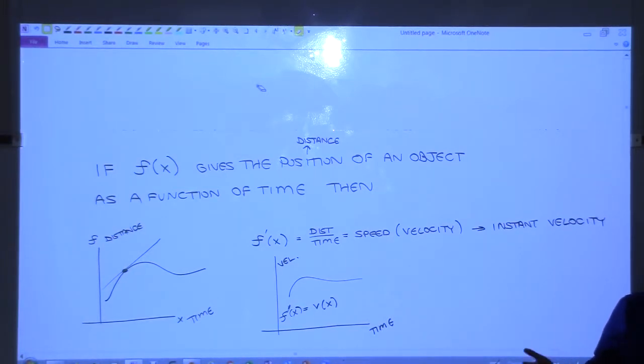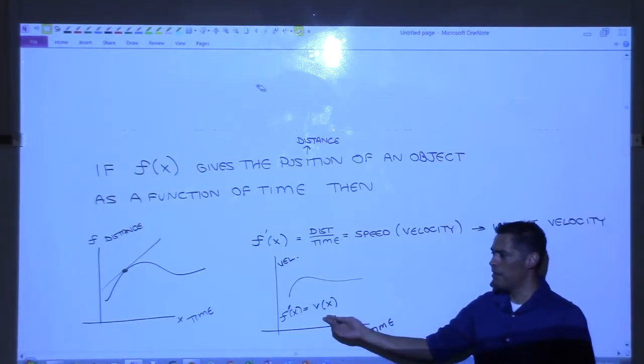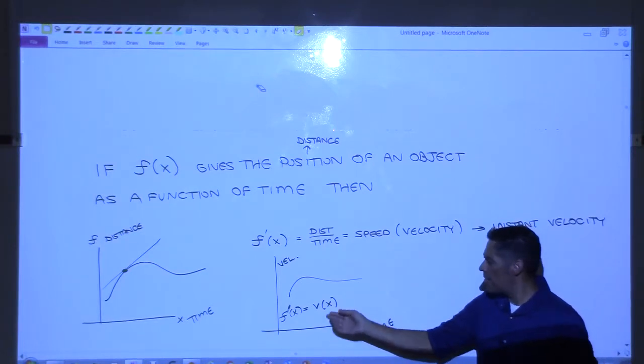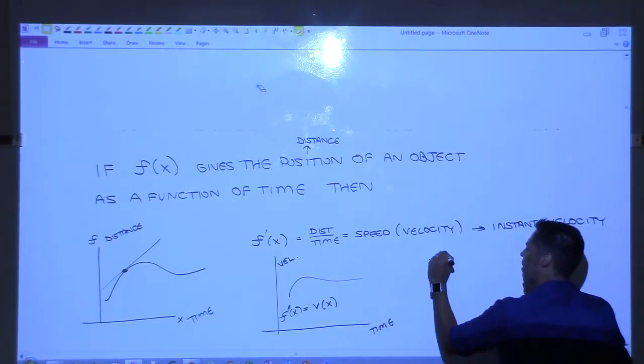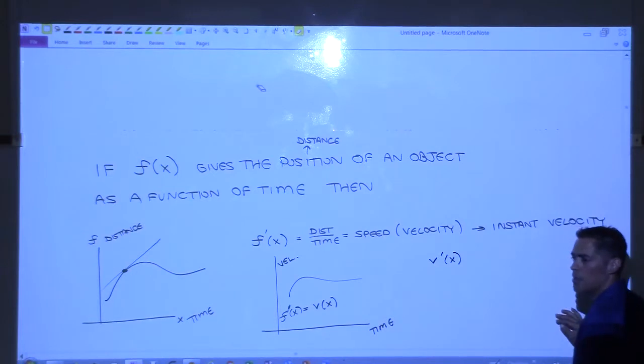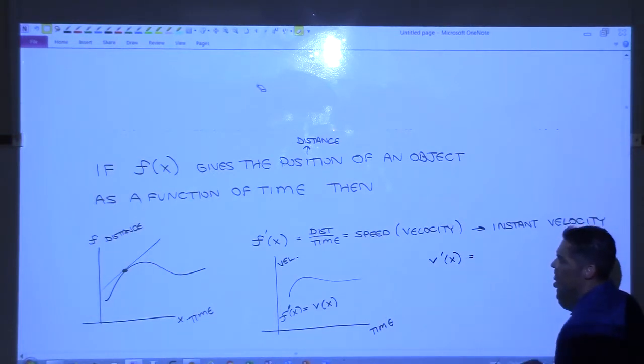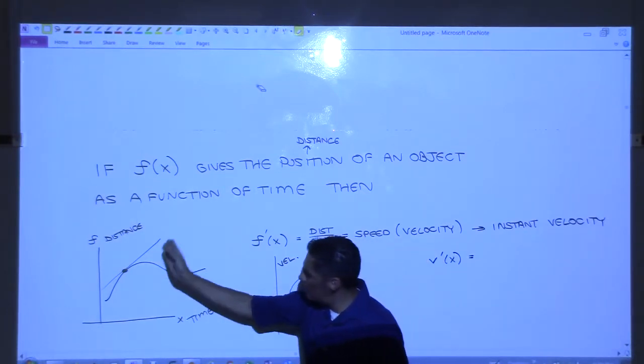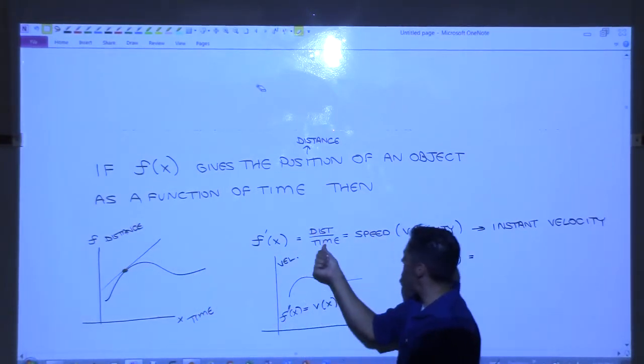Could we take the derivative again? We could, couldn't we? I mean, this is a function, right? So if someone hands you a function, we should be able to take its derivative. If I take the derivative of the velocity function, that is going to give me a ratio of what over what? So remember, when we did the derivative here, slope was distance over time, which is speed.